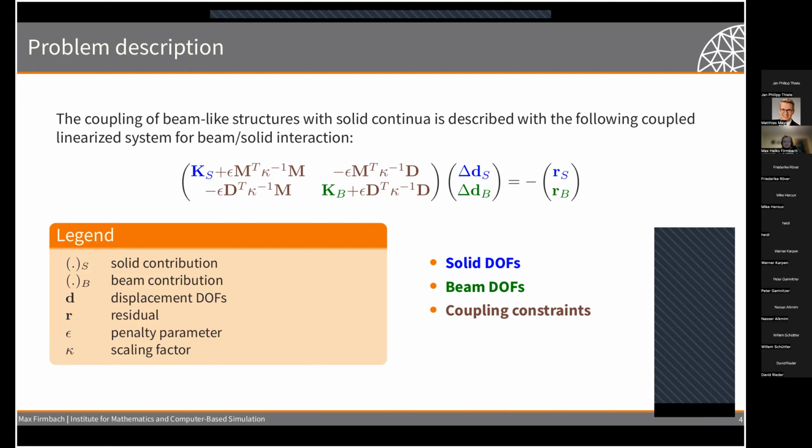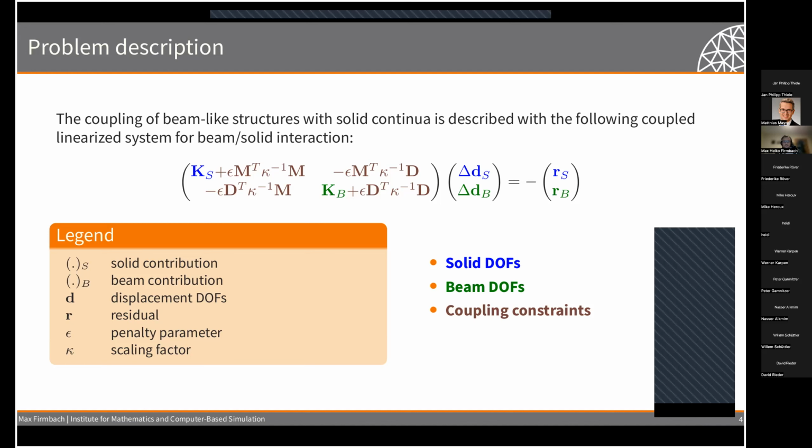We have a solid part that contributes the continuum stiffness. We have a beam stiffness matrix in green, or degrees of freedom related to that. And we have coupling constraints which are induced by a mortar-type coupling approach. The important thing here is the penalty parameter epsilon.